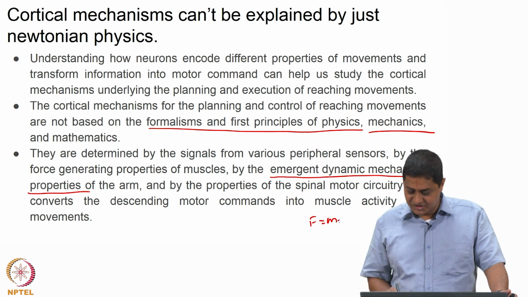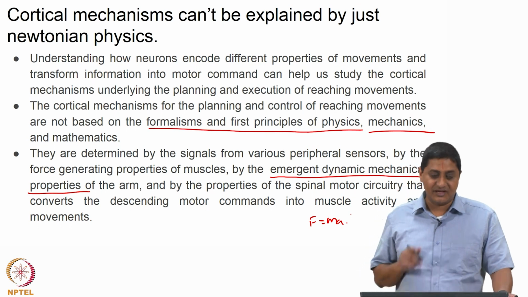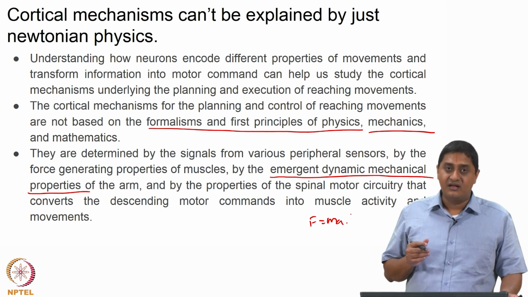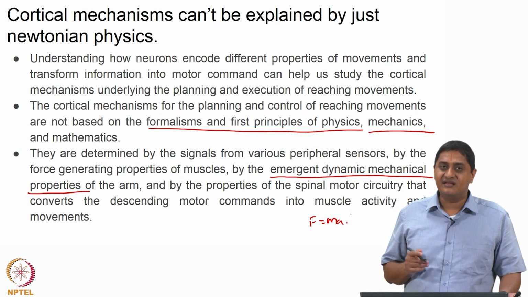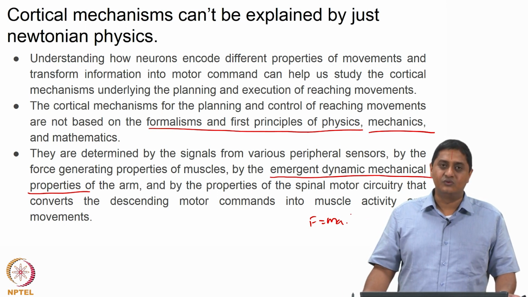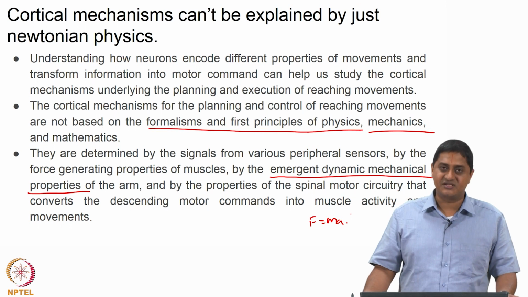F is equal to ma is true for us, but it is not that we are computing this, right. So, that is the point. So, we cannot merely take Newton's laws and say these are the equations that are solved by the cortical mechanisms or the cortical system to achieve movements, right. So, that is not what is happening.